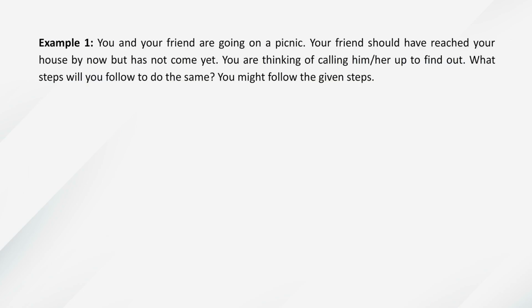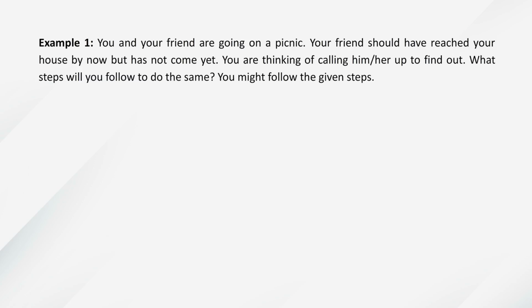Example 1. You and your friend are going on a picnic. Your friend should have reached your house by now, but has not come yet. You are thinking of calling him or her up to find out. What steps will you follow to do the same?